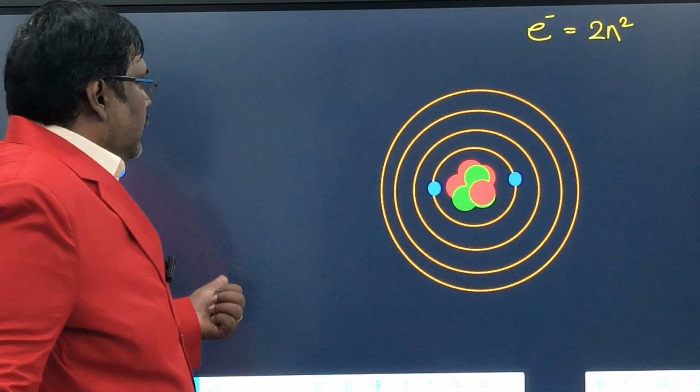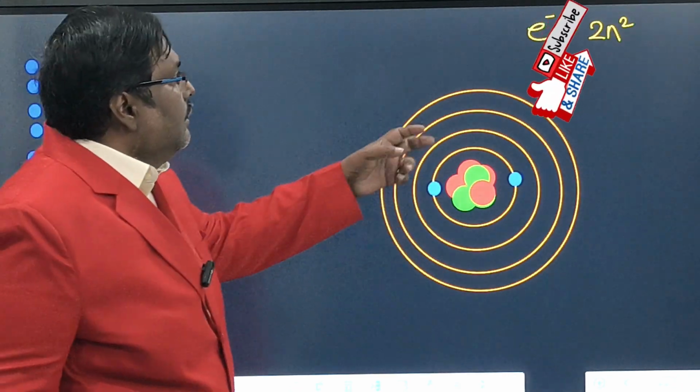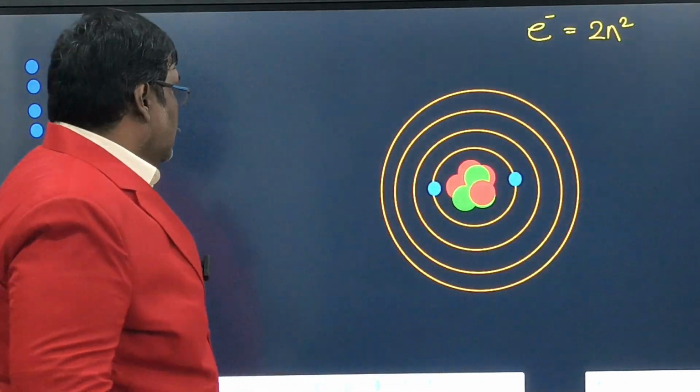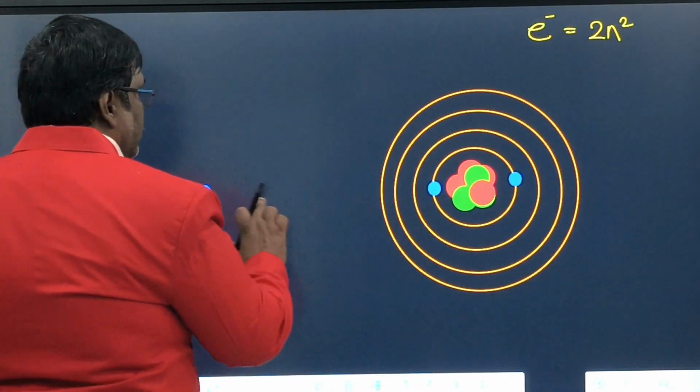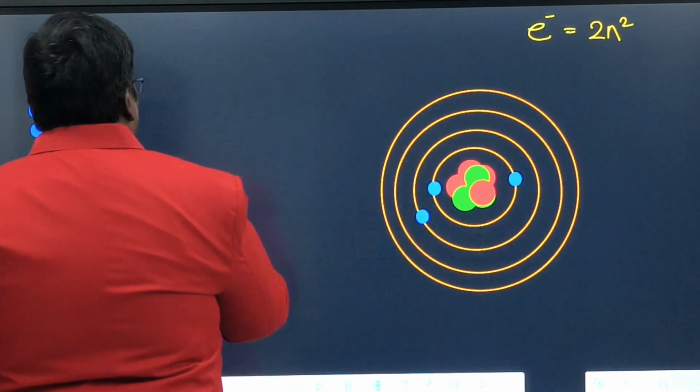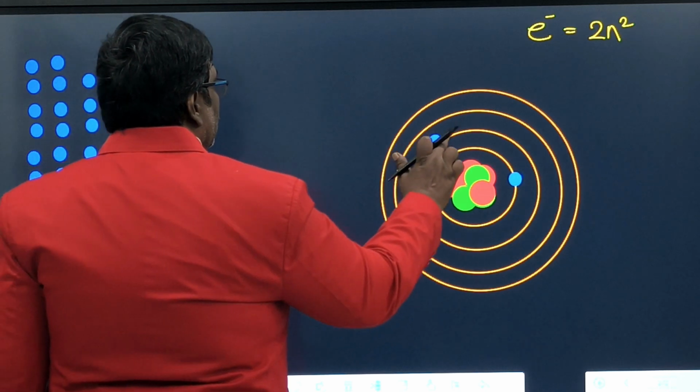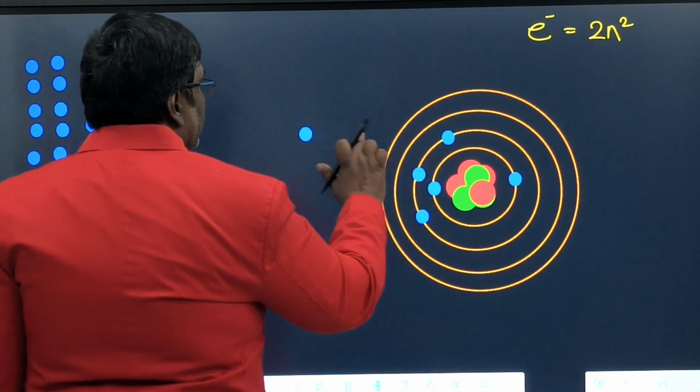Okay, so for another shell, how many will it be? 2 into 2 square, that is 8. So the next orbit will be 8. It may not be exactly equal because it will keep on revolving, so approximately I will keep it equal.